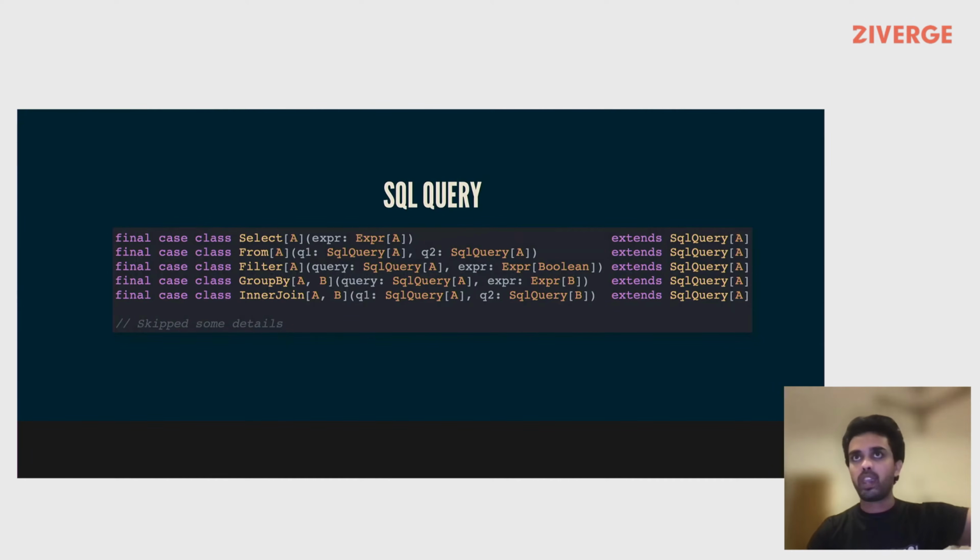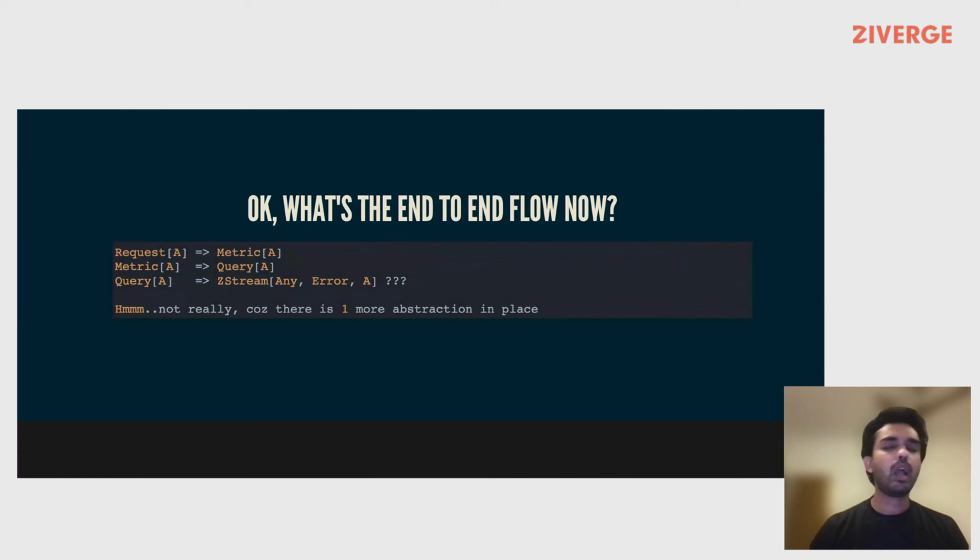In this talk, we are not going to explain how an expression is converted to a SQL query and so on. They can be boring details. But essentially, you can imagine the ADT that represents a SQL query consists of select, from, filter, group by, and inner join.